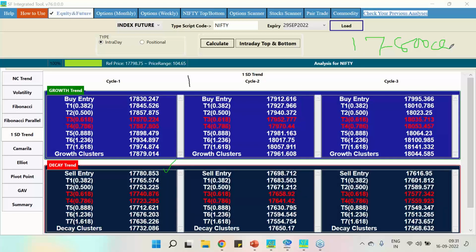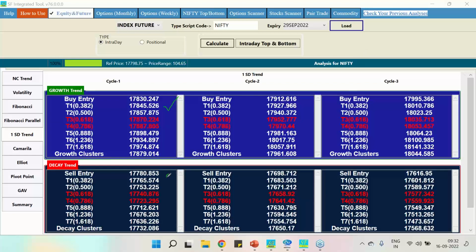So once we are selling the future, we should buy a call option, and if the trade goes against us, we will keep the stop loss at 17,845. Once it comes to 17,845, we have to close the trade and enter into the buying side.